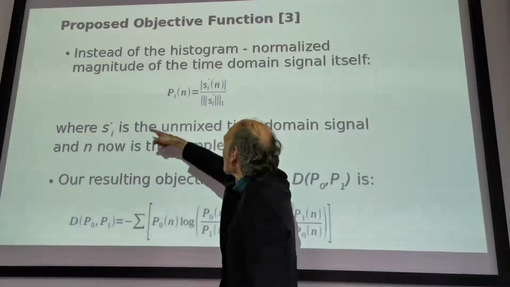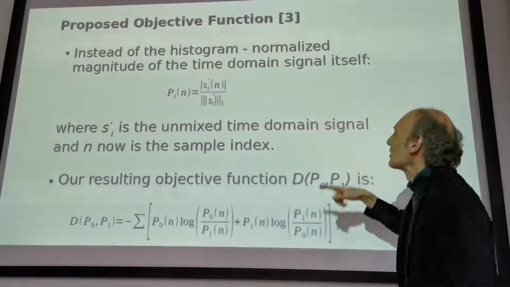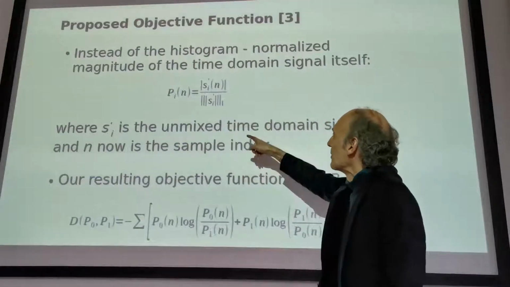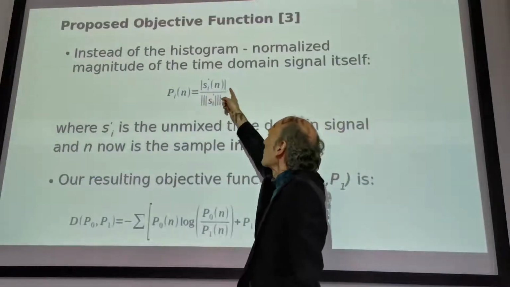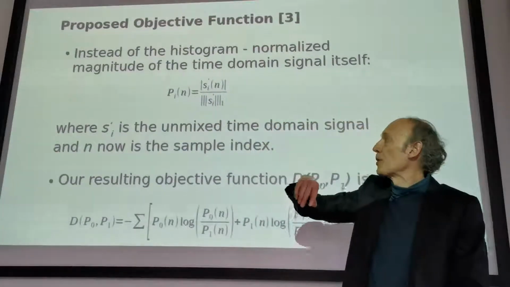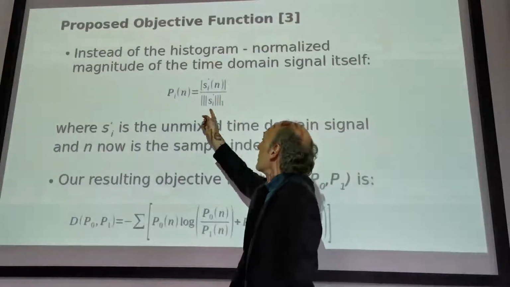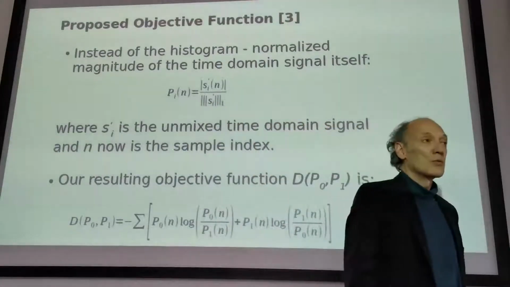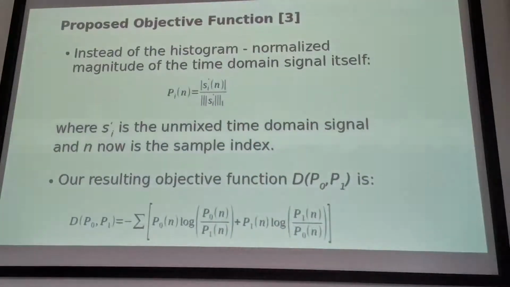So here, this S_i is the unmixed time domain signal, and n is the sample index. So you can see here the magnitude of the samples. The sample itself can be positive and negative when they come from a microphone, divided by the sum of the magnitudes of all the samples. And basically, this looks like a probability distribution, except that it's not really.